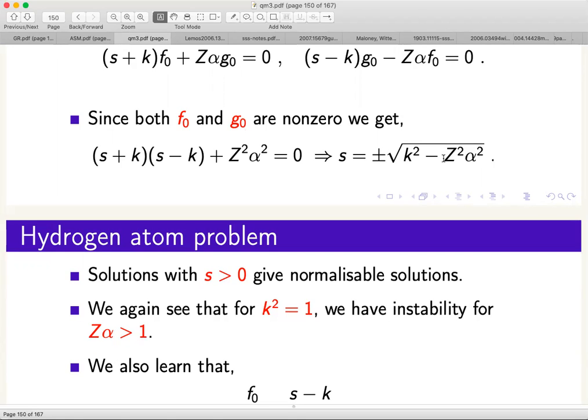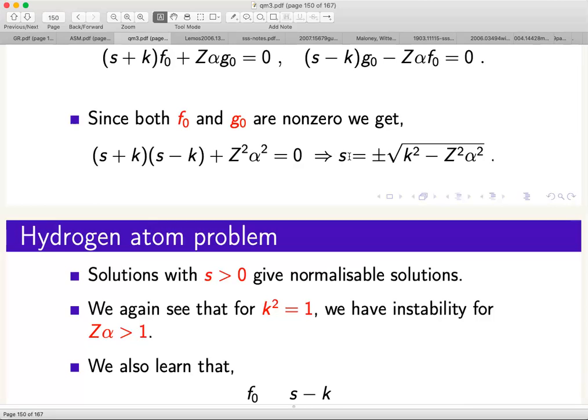Now this is also something we talked about last time, that if you choose the lowest allowed value of k, which is k squared equal to 1, which means k is equal to plus or minus 1, then it indicates that there is an instability when z times alpha is greater than 1, because in that case s is not even real.